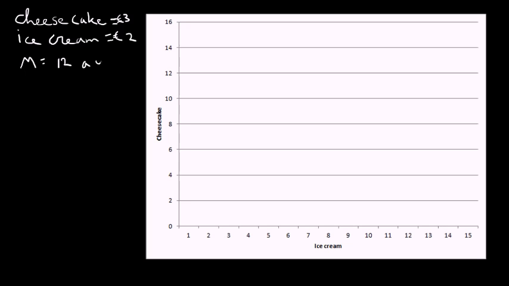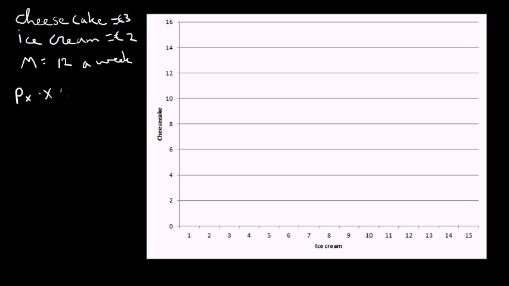So let's see how we make the formula. Remember the standard formula is Px times X plus the price of Y times the amount of Y is equal to the income. If we fill this in, then the price of X, which we can say is cheesecake, is 3.